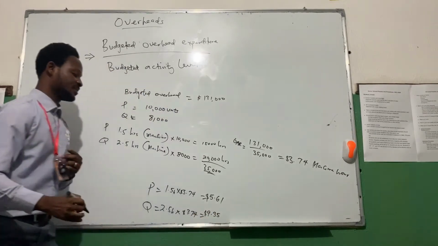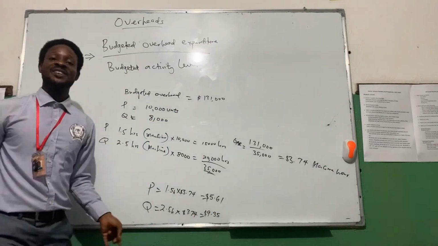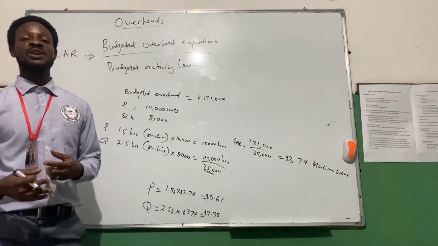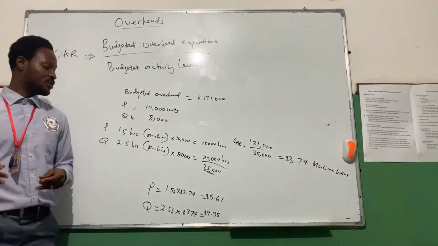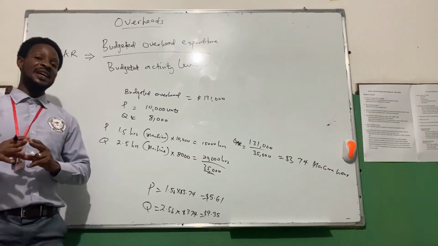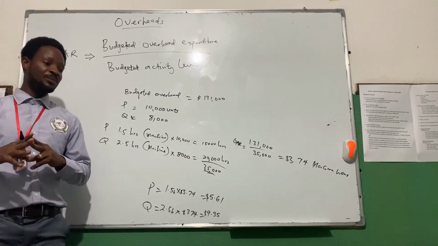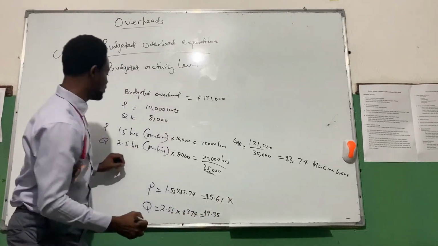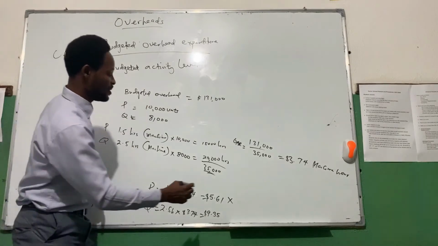So if the examiner goes further, or the situation, if you are in practice, requires you to determine the total amount of overheads absorbed in product P, it will be times the units produced, 10,000.